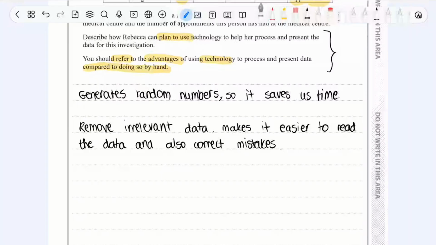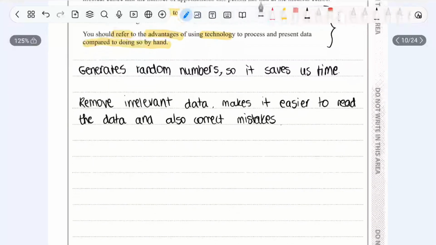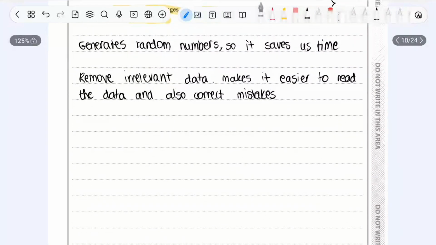So that's another plan of using technology, removing irrelevant data, and an advantage to go with it. So that's 4 points there, which is 4 marks. So we need one more set of 2.